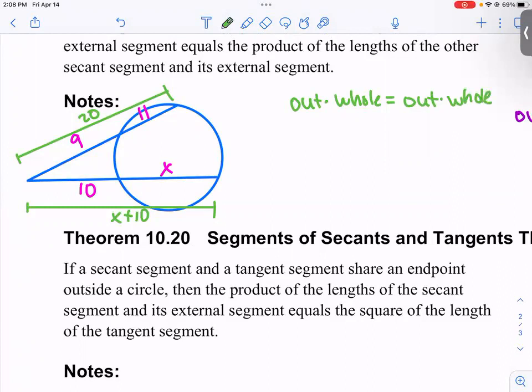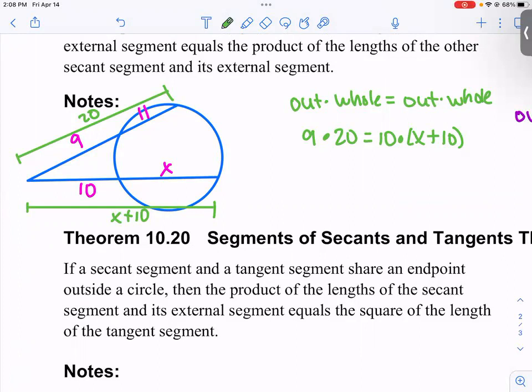So the outside of this secant is 9 times the whole secant is 20. And that equals the outside of this secant is 10 times the whole secant. Since it's more than one term, we gotta put it in parentheses, x plus 10. You are half right because you didn't get the product. You only said plus. There was no times.